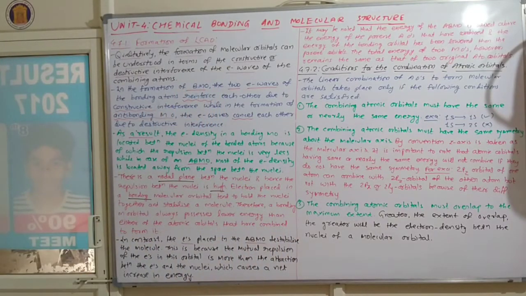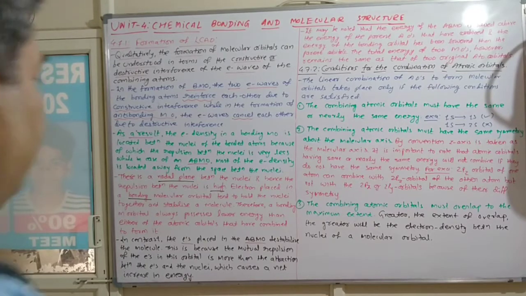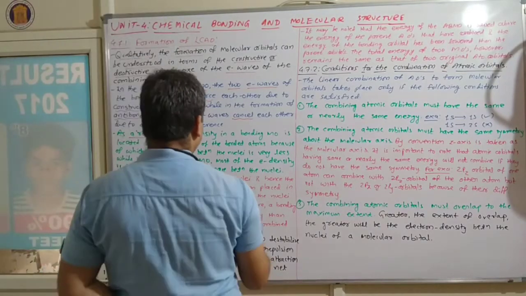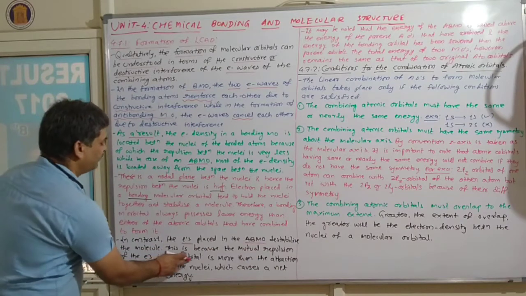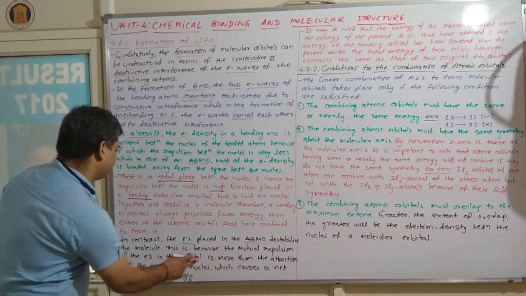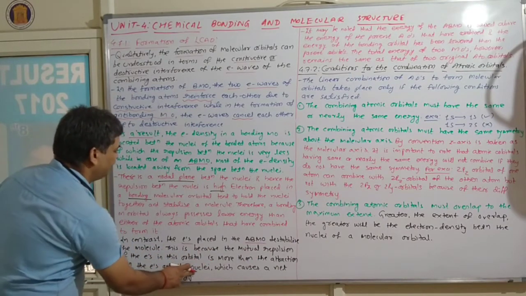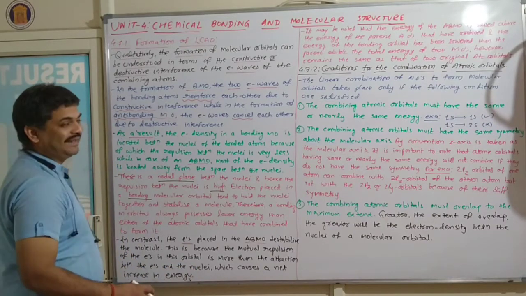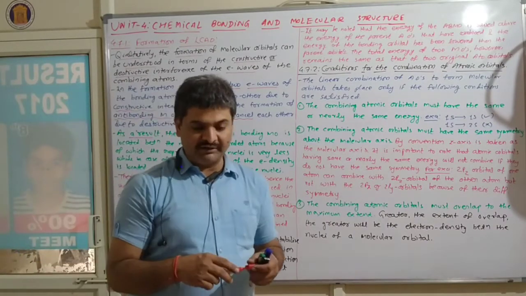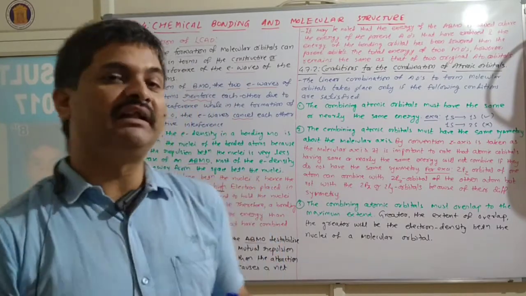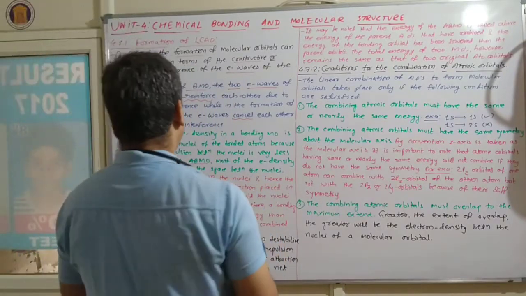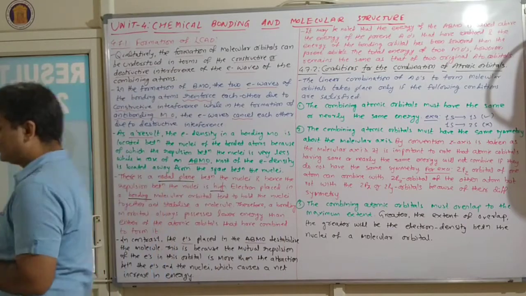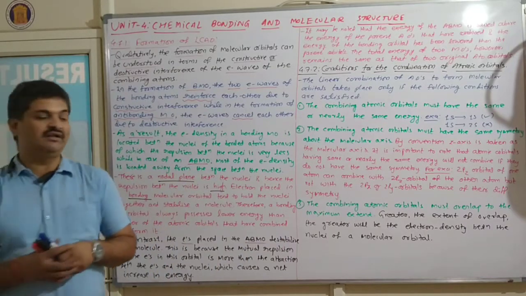This is because the mutual repulsion of electrons in this orbital is more than the attraction between the electrons and nuclei, which causes a net increase in energy. In case of ABMO, due to repulsion, the energy will increase. But in case of BMO, repulsion is not there, so the energy will decrease.